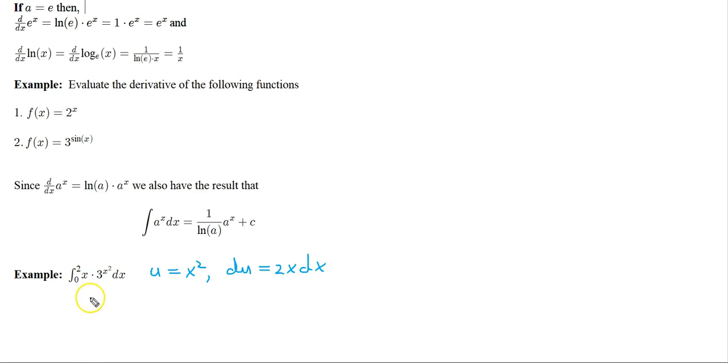So then this integral right here will become, now the 3 to the x squared, that's going to become 3 to the u. The x dx part, that part right there, well, looking over here, that's going to become du over 2, because if I divide this 2 under with the du, I get, now the 0 and 2, what do they become?